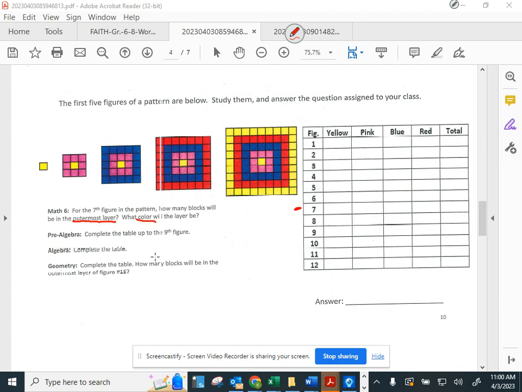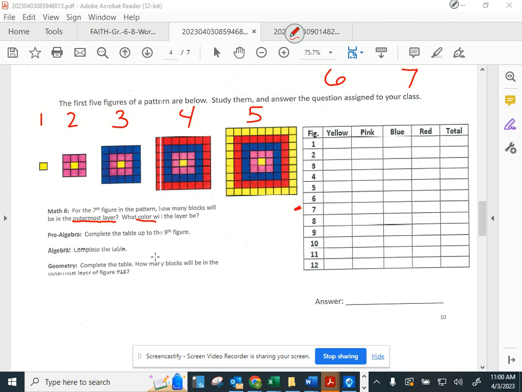So we have yellow, we have pink, we have blue, and we have red. First thing I did was I numbered my figures. So I said, okay, this is figure 1, figure 2, figure 3, figure 4, figure 5, and I know that I need to go to figure 6 and figure 7, and I can stop at figure 7.